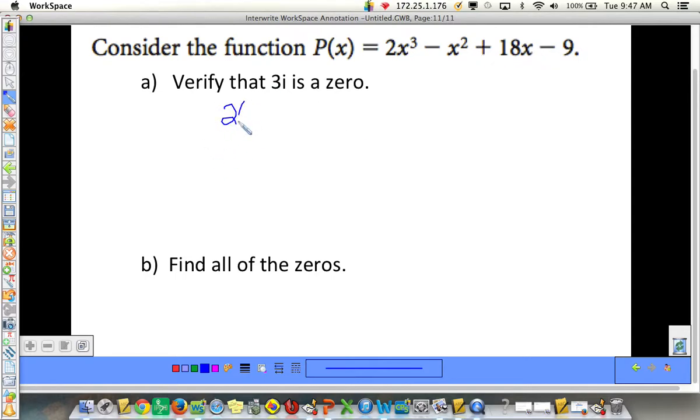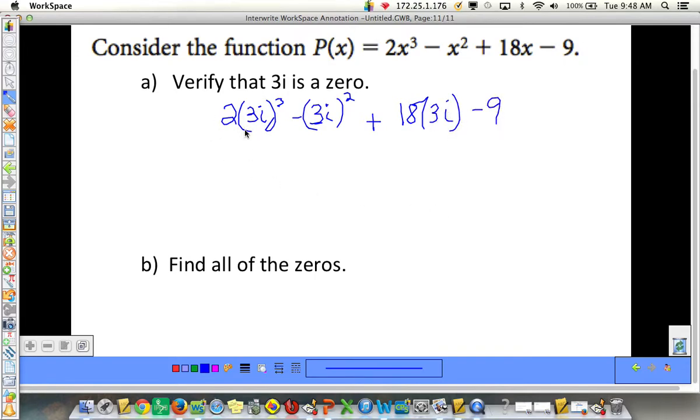So when I plug it in, I get 2 times 3i to the third power minus 3i squared plus 18 times 3i minus 9.